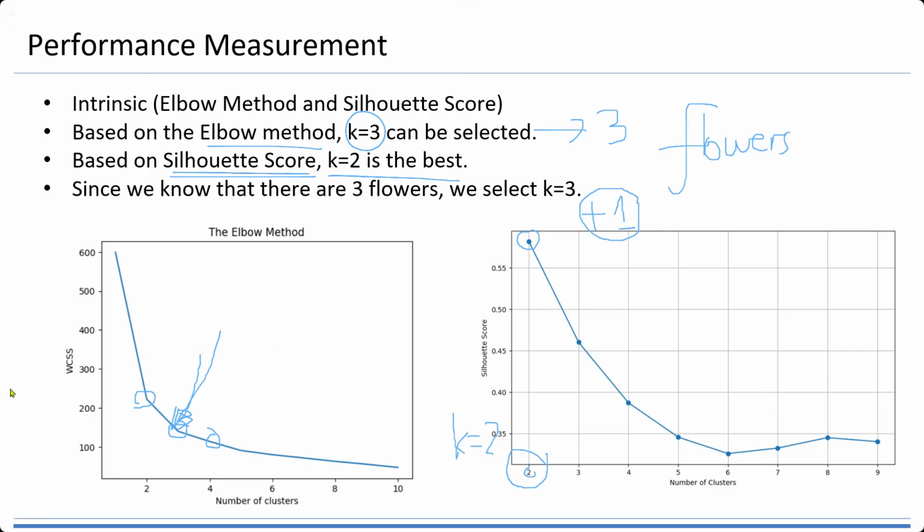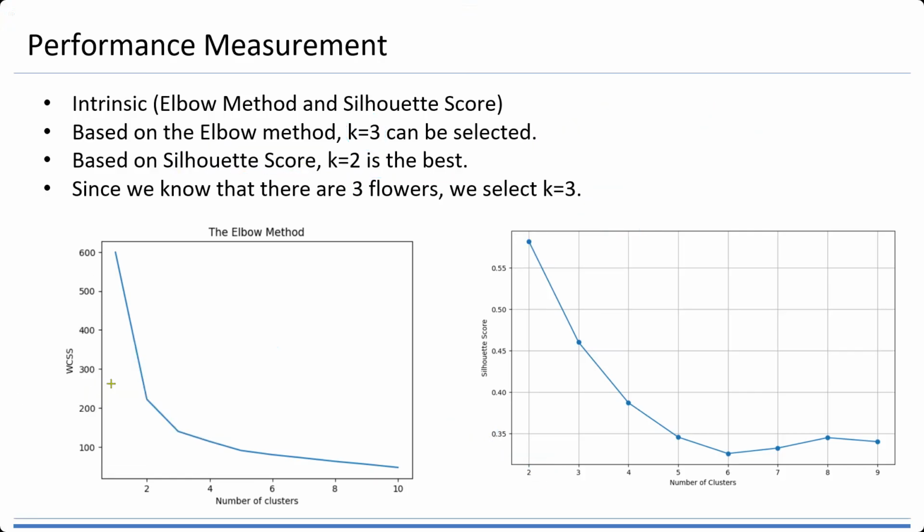Now, the question is, we have the actual label, and the actual label of our dataset shows that there are 3 flowers. Because we already know there are 3 flowers, we select k equals 3. Even though the result for k equals 3 is lower than k equals 2, the domain data shows that k is 3 because we have 3 flowers.